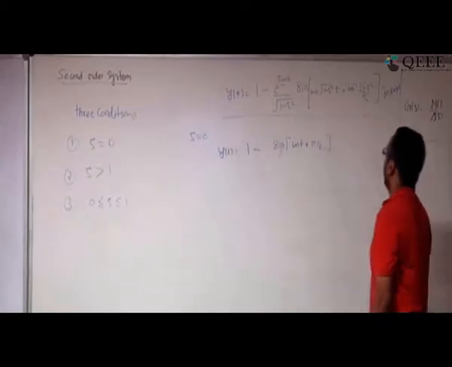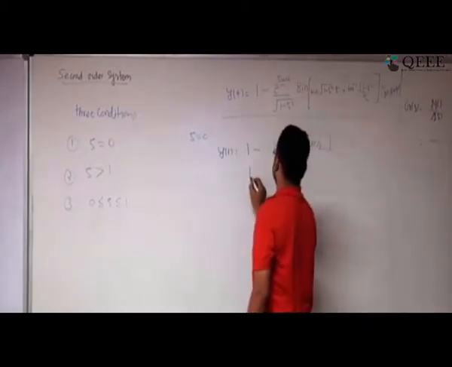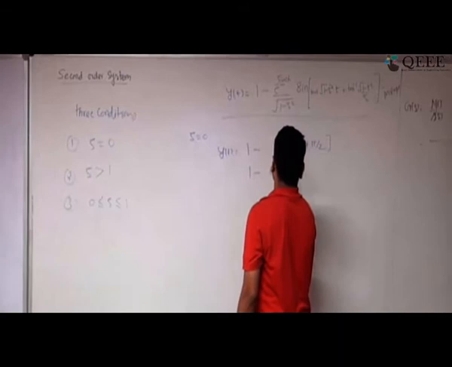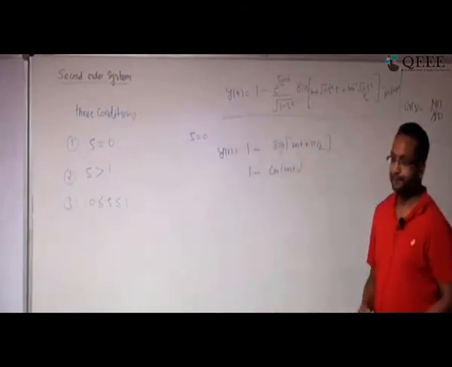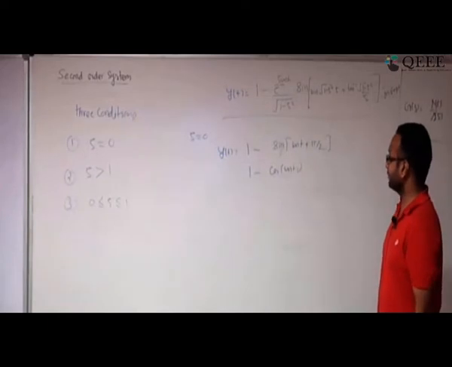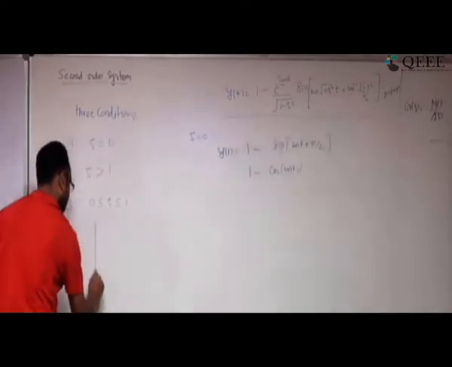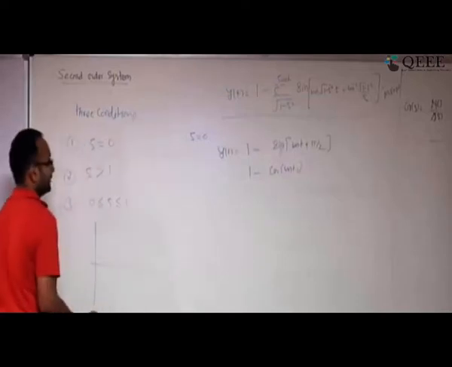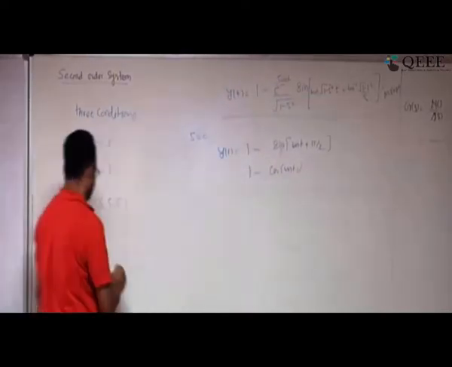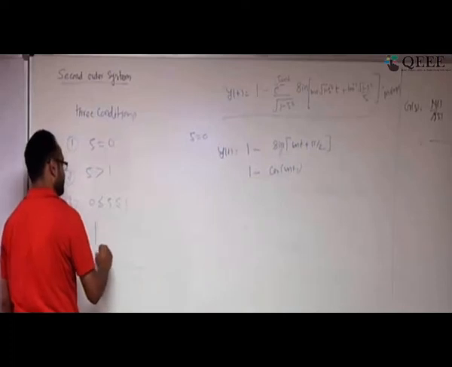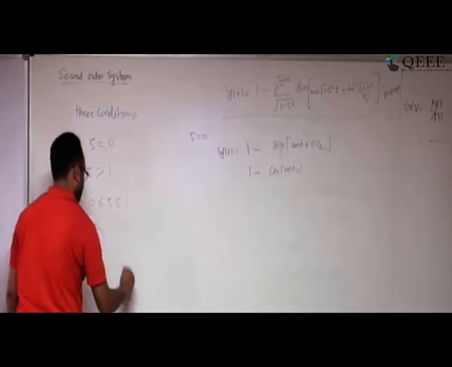Okay. And if you work it out, it is going to be 1 minus cos of omega_n t. Okay. So if you plot it, how does it look? It will look something like this, because it's a sinusoid. So my response is going to be something like this.